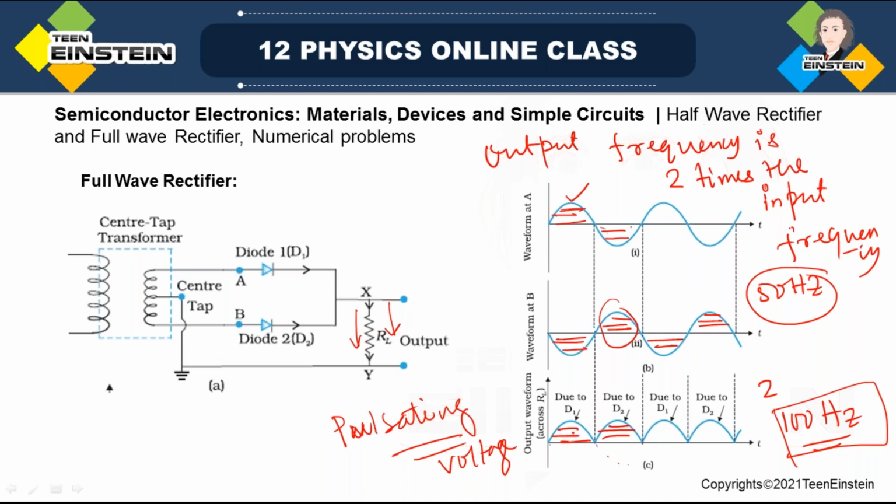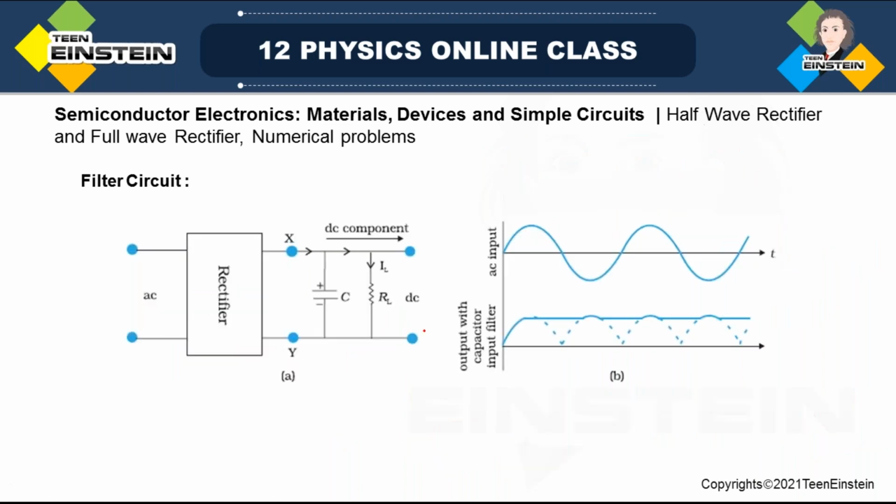It will glow for some time, then again it will be off, again glow, again off, like that. But we generally don't want this kind of pulsating signal. So to make it a constant DC signal, we can use a filter circuit.